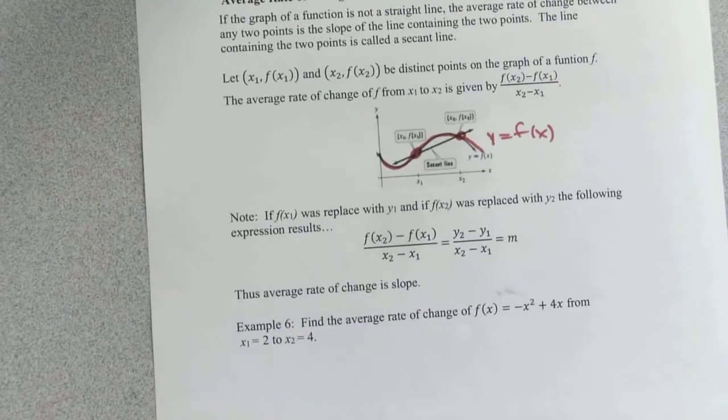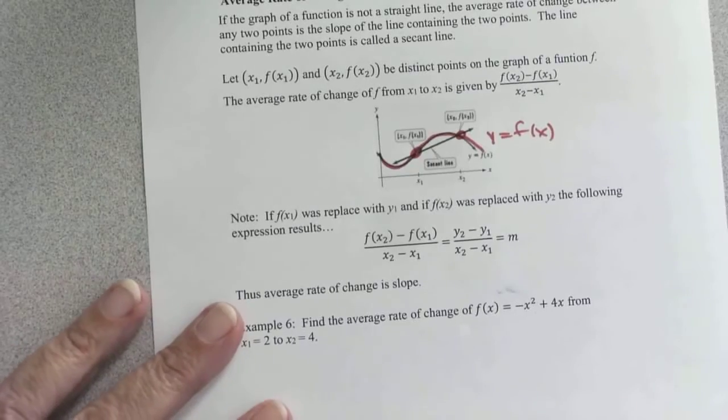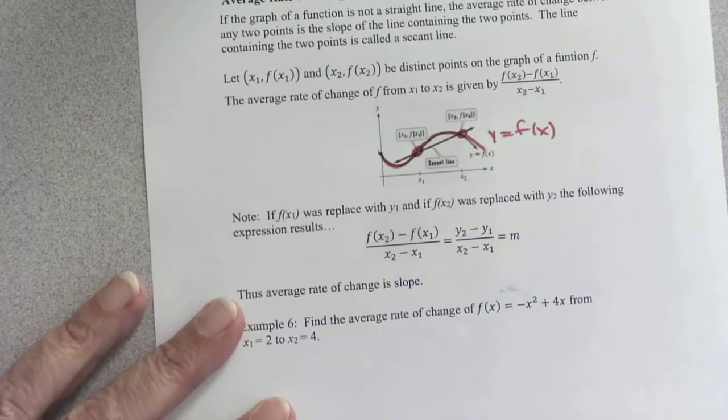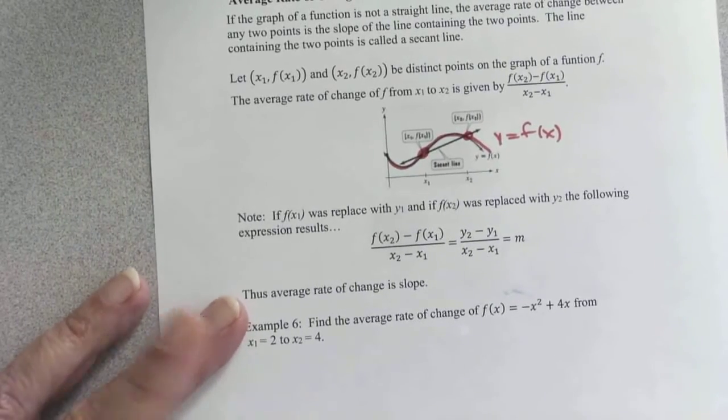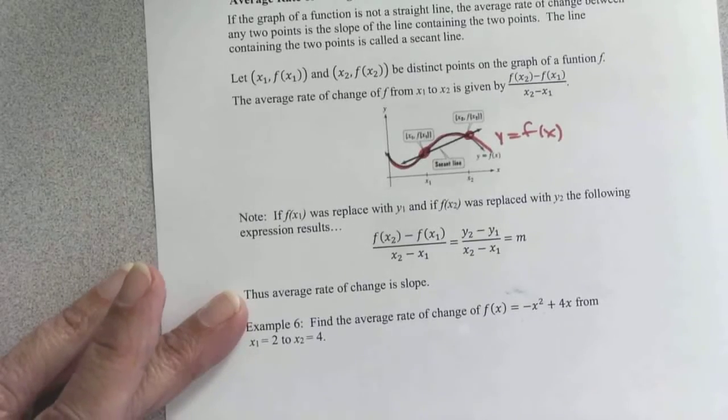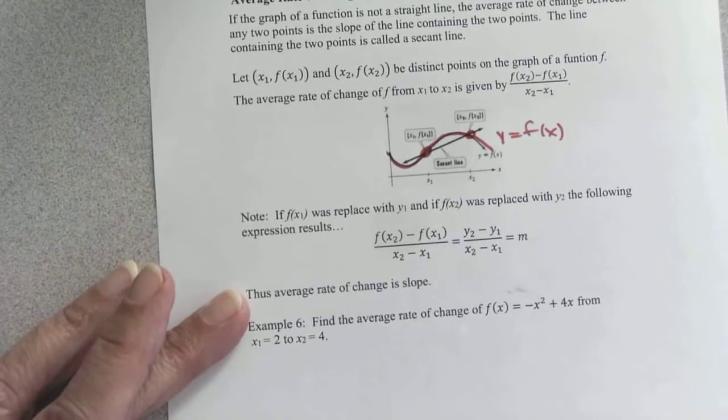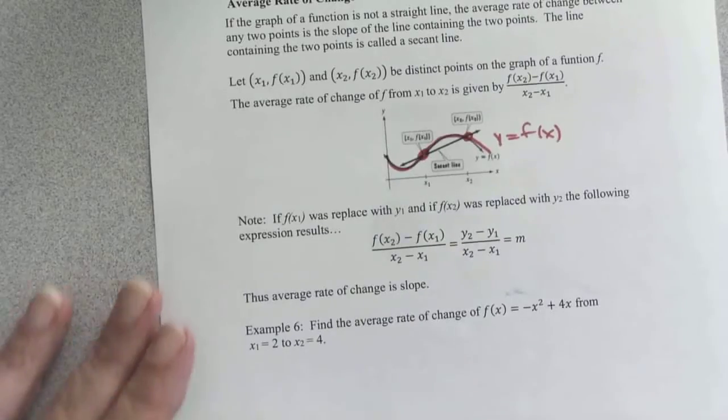So doing this last problem here, find the average rate of change of f of x equal negative x squared plus 4x from x1 equal 2, x2 equal 4.